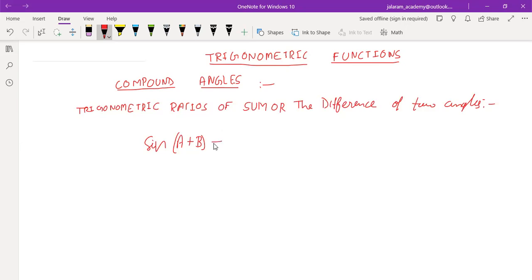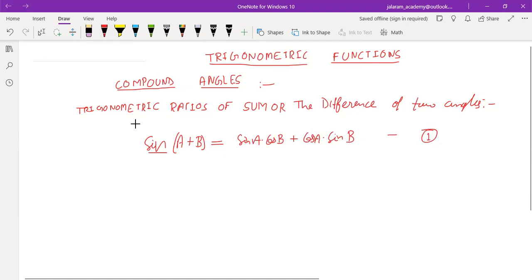Formula for sine A plus B, learn it, is sine A cos B plus cos A sine B. The first formula of compound angle, the sine of sum of two angles, sine A plus B equals sine A cos B plus cos A sine B. So learn this formula first of all.